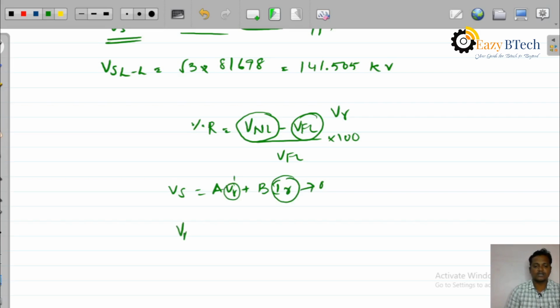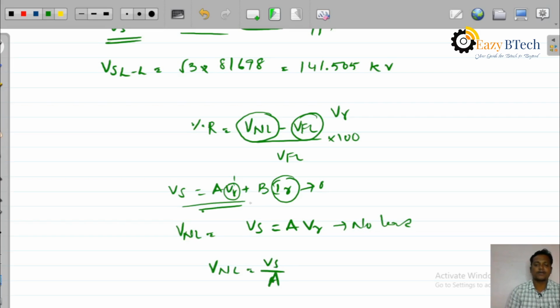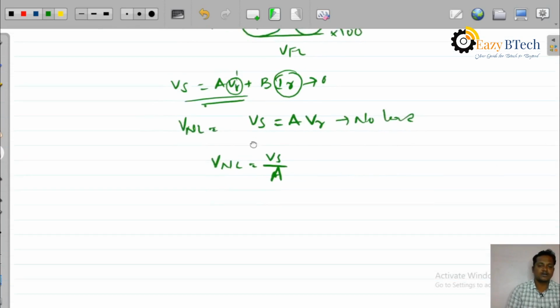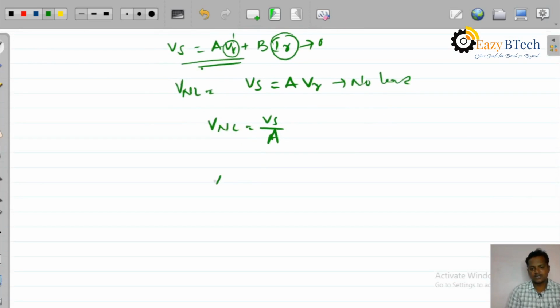So Vs equals AVR at no load. Therefore the receiving end voltage at no load, V no load, equals Vs by A. Substitute this in the formula, so percentage regulation becomes Vs by A at no load condition minus VR, divided by VR, into 100.